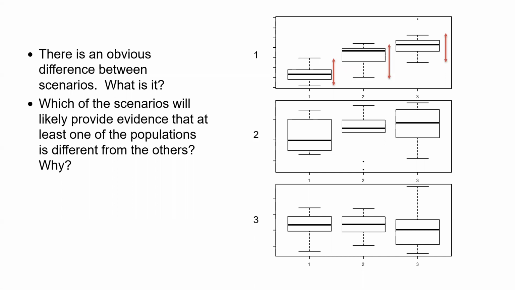The other question is, what do we mean by variation across groups? That has to do with the variation that you see in this direction, not within the box plot, but across all the box plots.